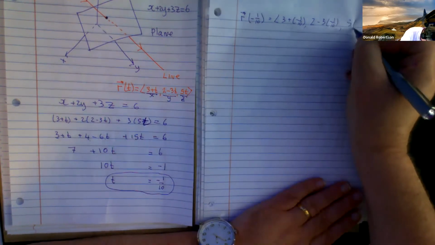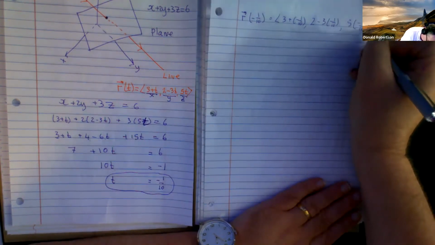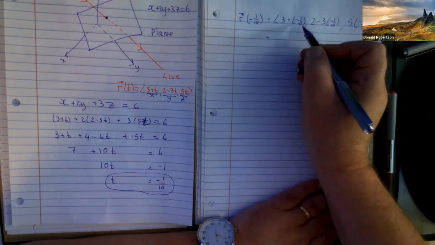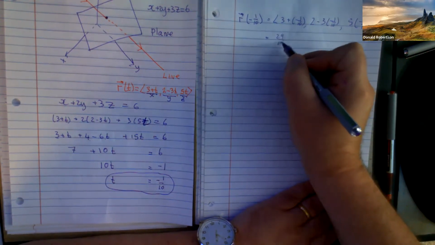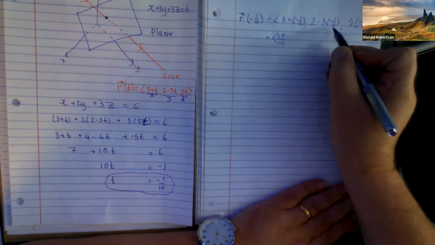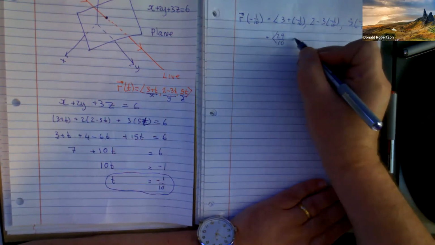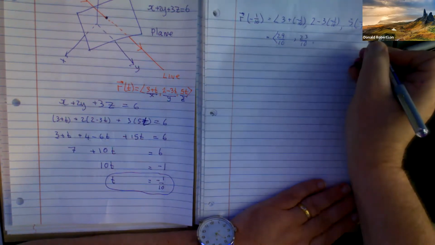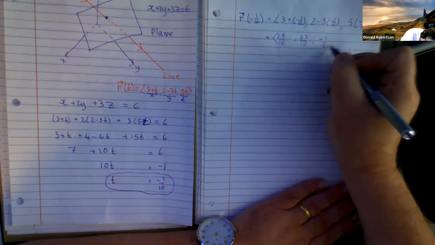And 5 times t is the last one. And that guy is basically 29 tenths. That guy is 23 tenths. And that guy there is -5 tenths, which is -1/2.